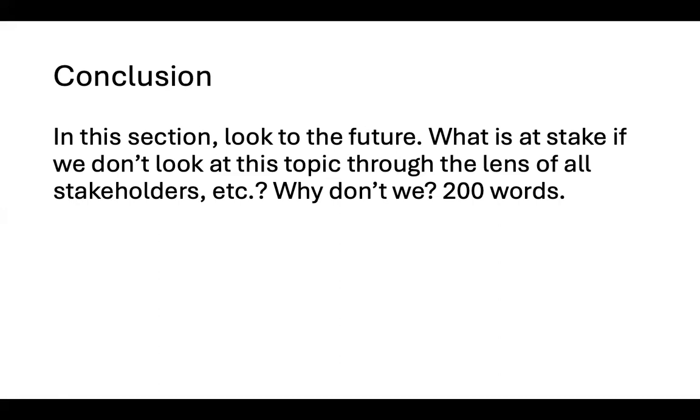Now, you aren't advocating here, and some of this information in your conclusion might be a little repetitive based on what you've had in previous sections, and that's okay. We're not advocating for change, so you're not going to say, okay, don't buy plastic water bottles. No, no, no, no. What's at stake if we don't just keep having these conversations?